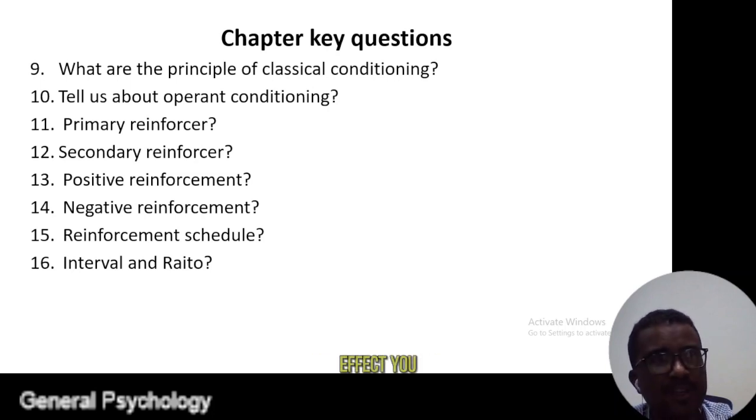To this effect, you can easily understand the importance of classical conditioning in the learning process.